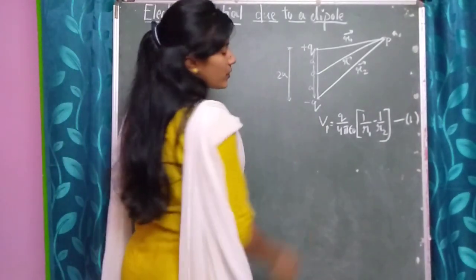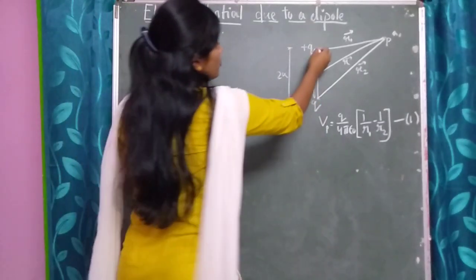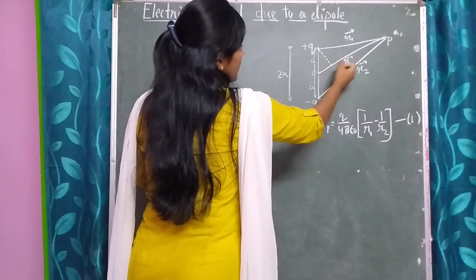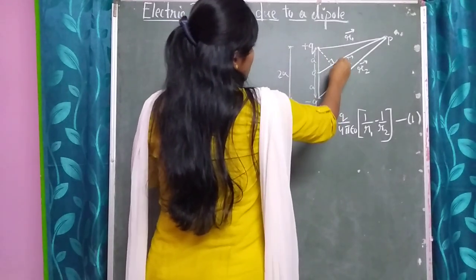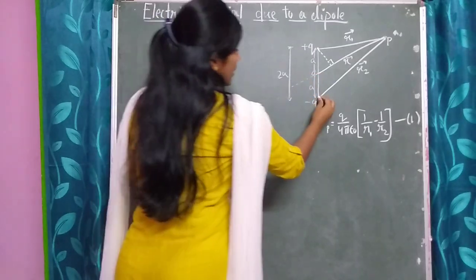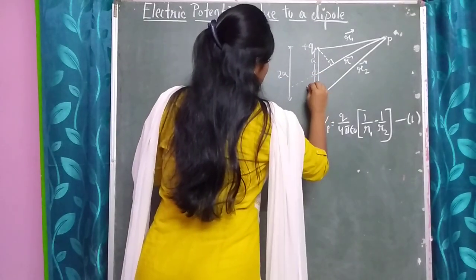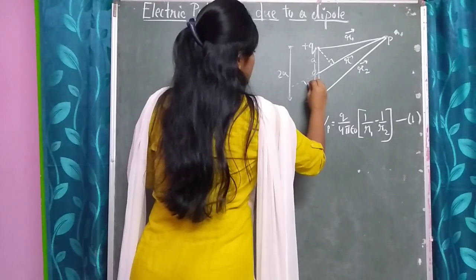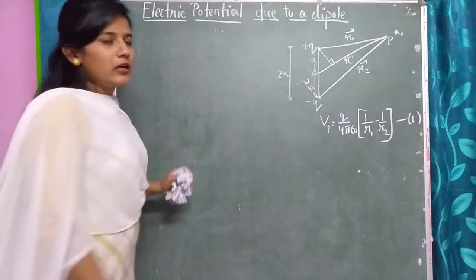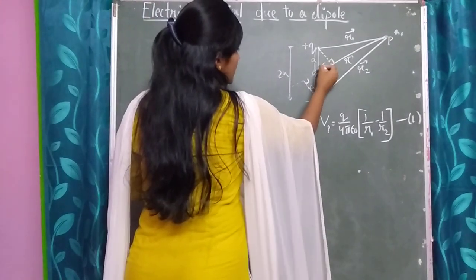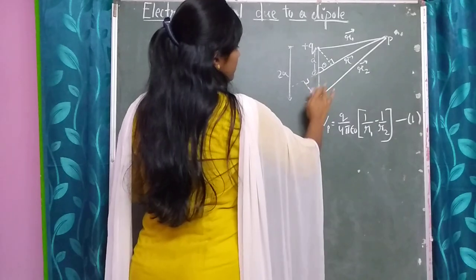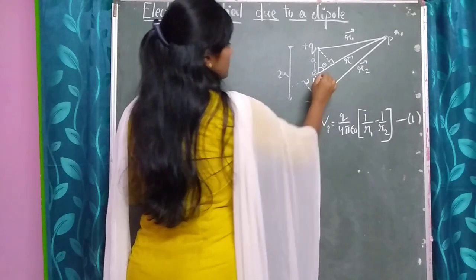So for that, what will I do? Let us draw a perpendicular from charge q to the line OP, and again extend this line also, and again draw a perpendicular to this line. Suppose this is theta, so this will also be theta.